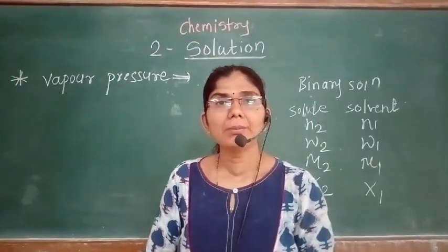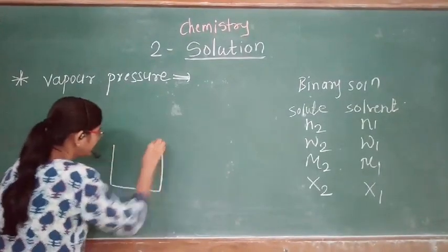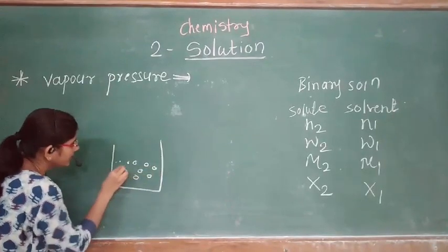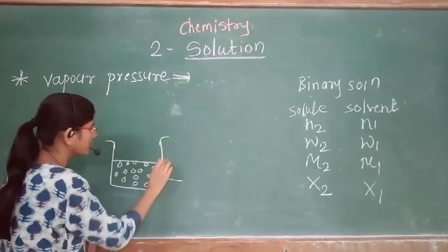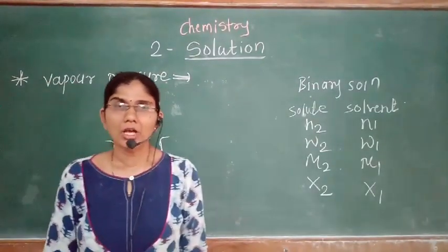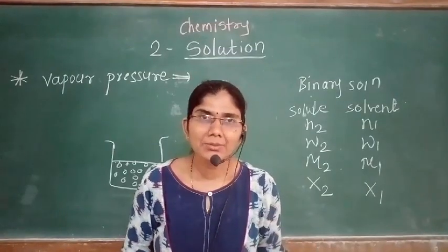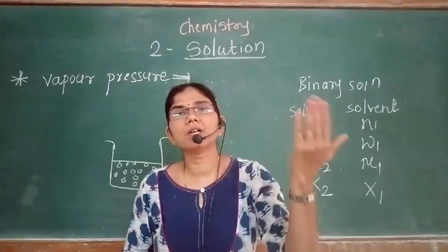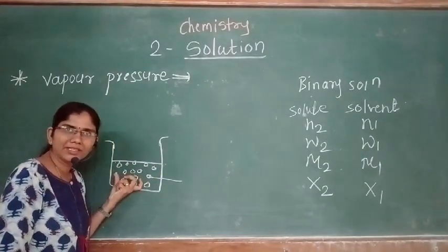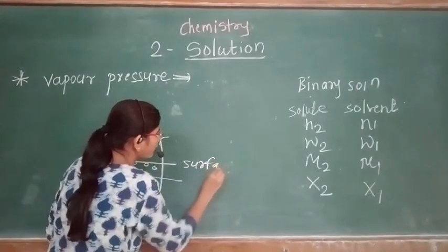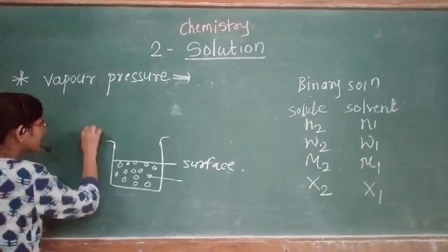For that, consider a container containing liquid molecules, and this is the surface of the liquid. As we know, all liquids have a tendency of volatility, meaning a tendency to go into the vapor state. This is the liquid taken in this container, and this is the surface of the liquid. Now we close this container.